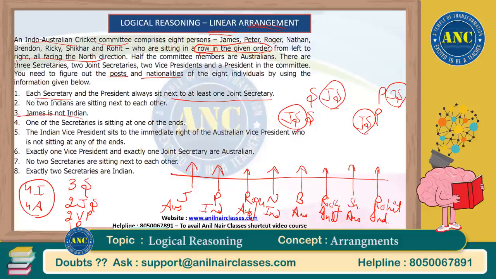One of the secretaries is sitting at one of the ends. So the secretary, James can be the secretary. That is one option. And the second option is Rohit can also be the secretary, because one of the secretaries is sitting at one of the ends.